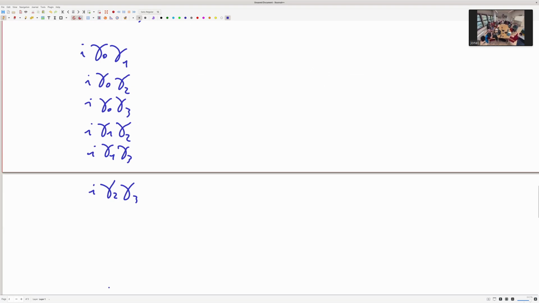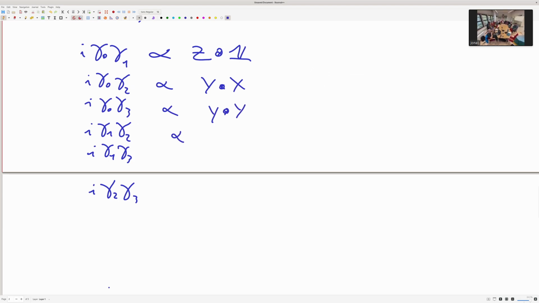And now you want to rewrite this in terms of the Pauli matrices, again using the mapping that we did before. You will see that, for example, this one is proportional to Z times identity, this on the first qubit, this on the second qubit. This one will give you something like Y, X, Y, Y, X, X.